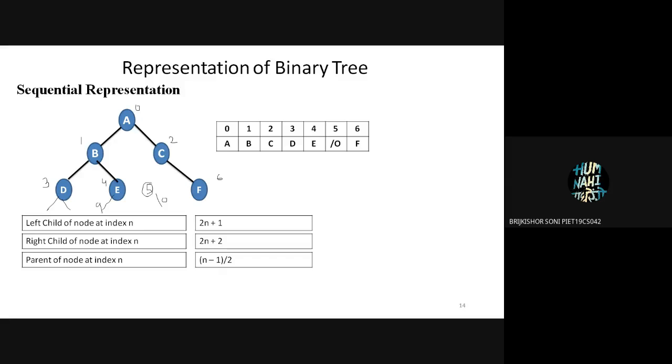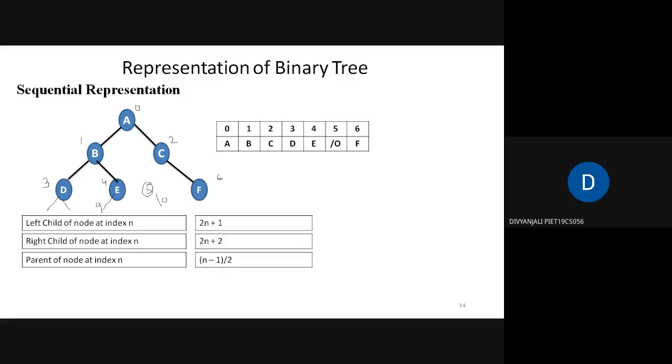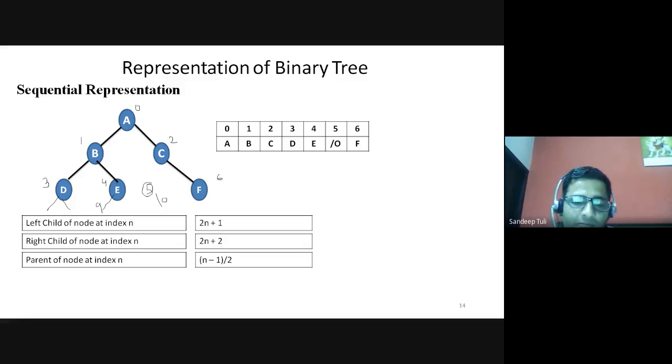Is it okay, n minus 1 by 2, or any doubt? Sir, for 5 it will be 5 minus 1 by 2, it is 4 by 2. For 6 it will be 6 minus 1 by 2, it is 5 by 2. Again it is true, 5 by 2 means the index integer value. Is it okay? Yes, sir.